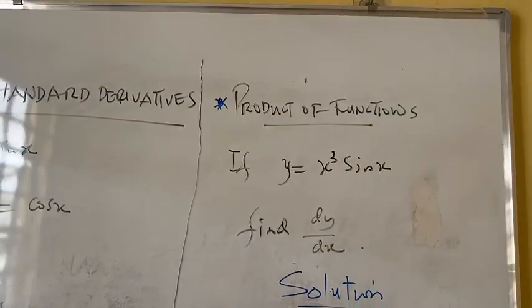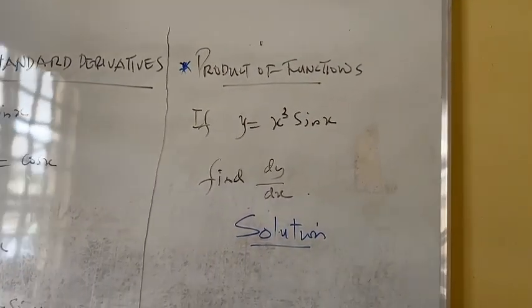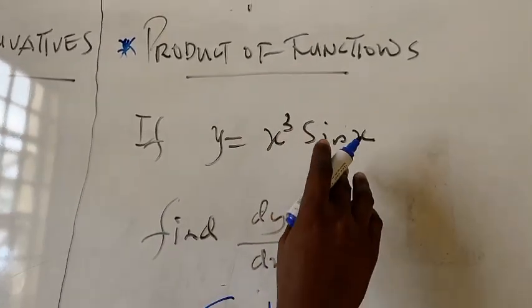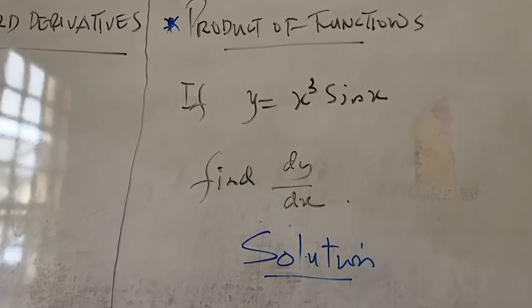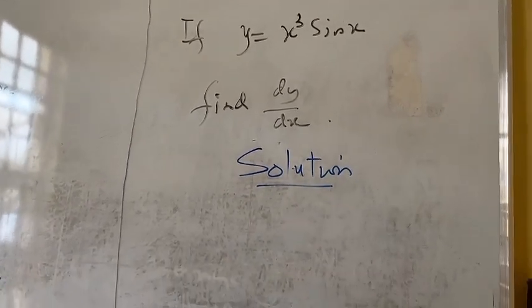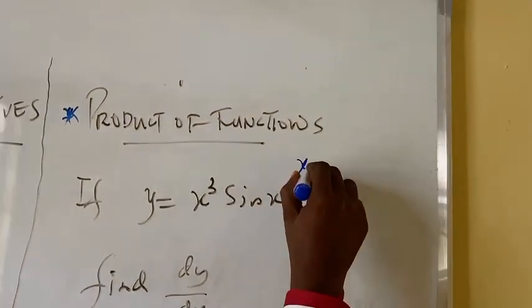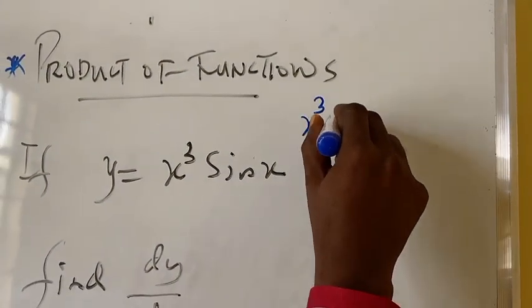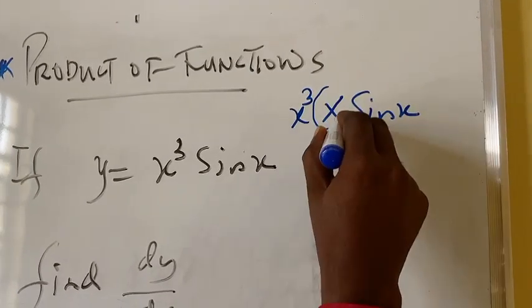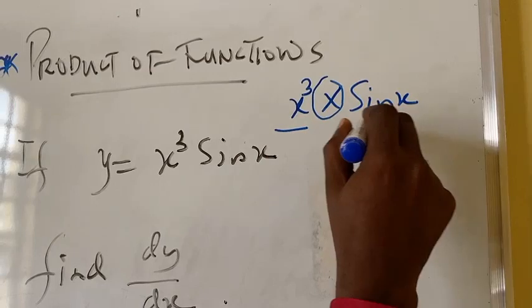If we have a function which is a product of two functions, y equals x cubed sine x, how do we differentiate this kind of function? We have a function here, x cubed, being multiplied by another function, sine x. So it's a product of two functions, 1 and 2.